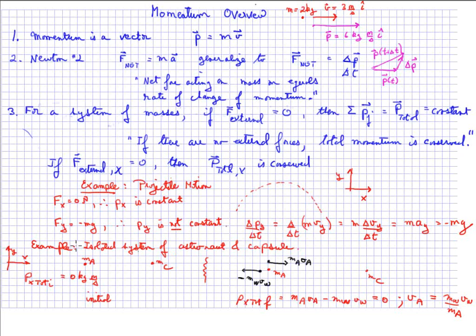Second example is, consider the case of an isolated system. An isolated system is one which has no force interaction with anything outside of itself. No external forces, in other words. Consider an astronaut and the astronaut's capsule. And so let's imagine that the astronaut, in the initial condition here, here's the capsule, mass m sub c.